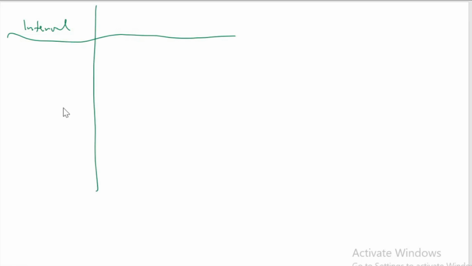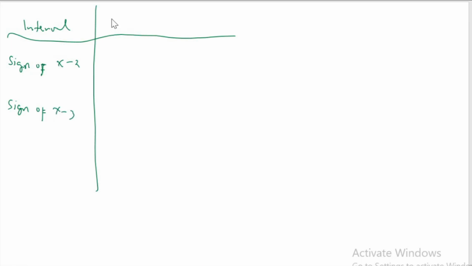We can write here now the interval, the sign of x minus 2, and the other one is the sign of x minus 3.